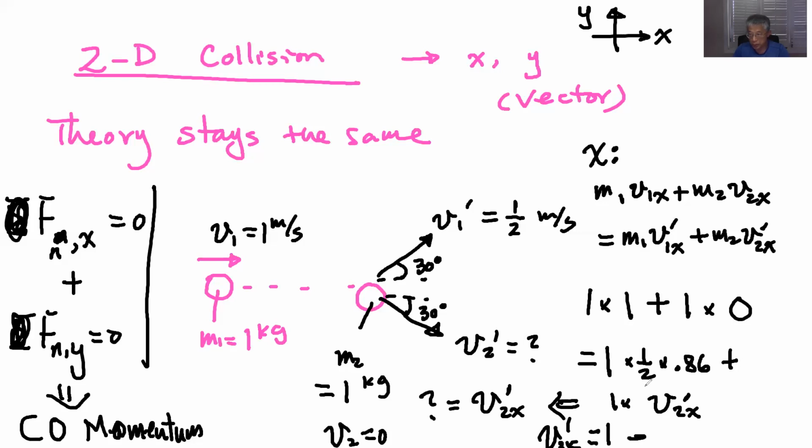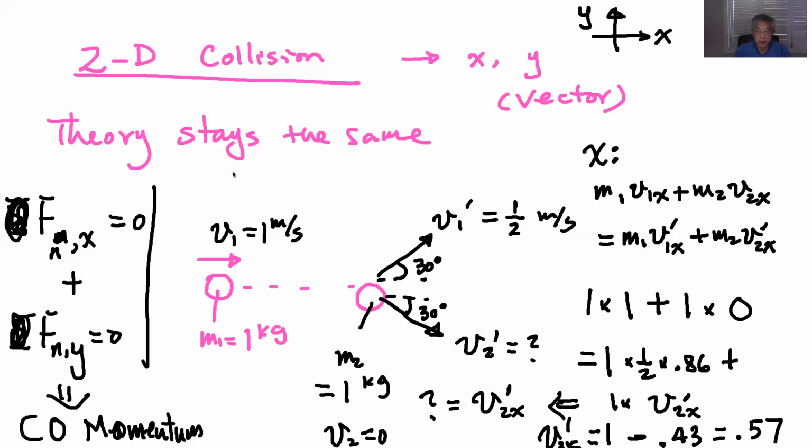So you move this to the other side, minus 0.43, right? So that's going to be 0.57, okay? So V2x prime is going to be 0.57. So you can see that, right? So let's change color here. Let's change color to green.